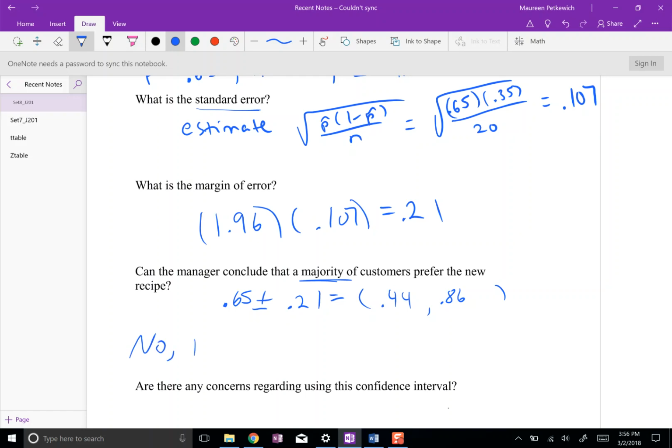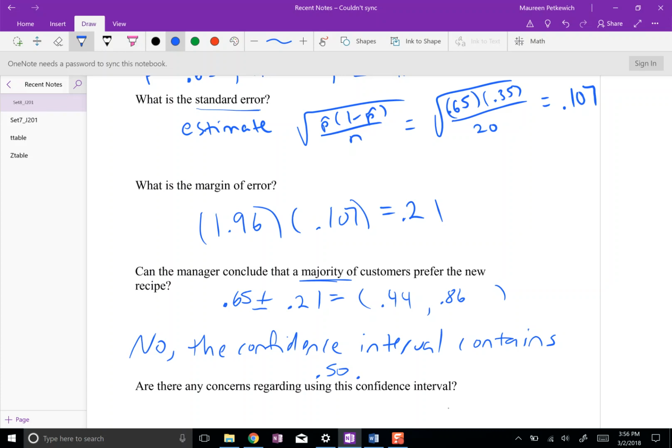The confidence interval contains 0.50, and you could elaborate and say and above 0.50. But 0.50 was kind of our key number.